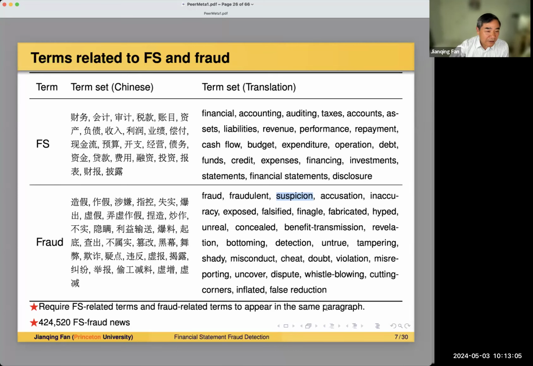At the end of the day, with all those basic term words and searching over the database from 2000 to 2022, we get 424 thousand financial news articles or reports.